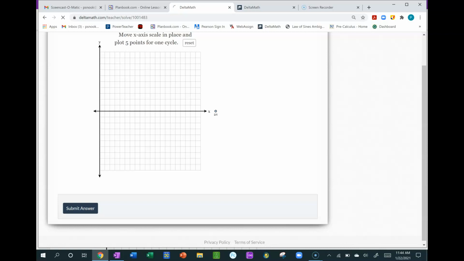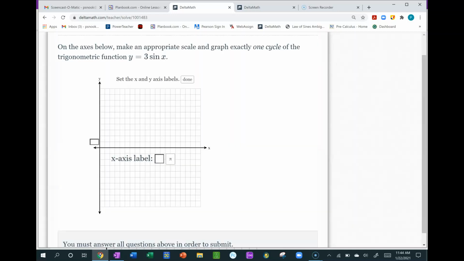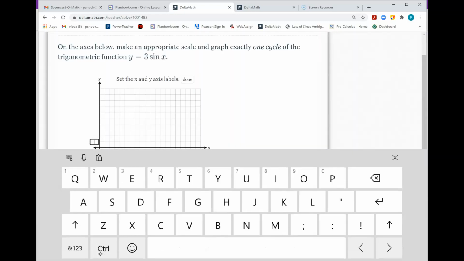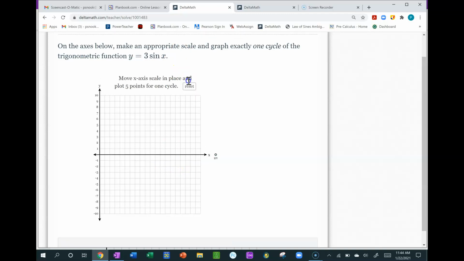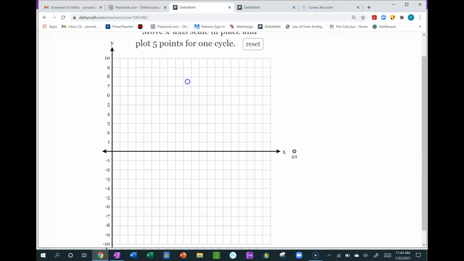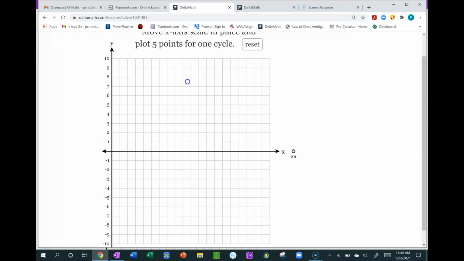No, that did not work for me. It was supposed to show me the scale on the axis. So 1 goes there, 2 times pi goes there, say done. Okay, now I've got my scale. And I'm going to go ahead and plot my points.